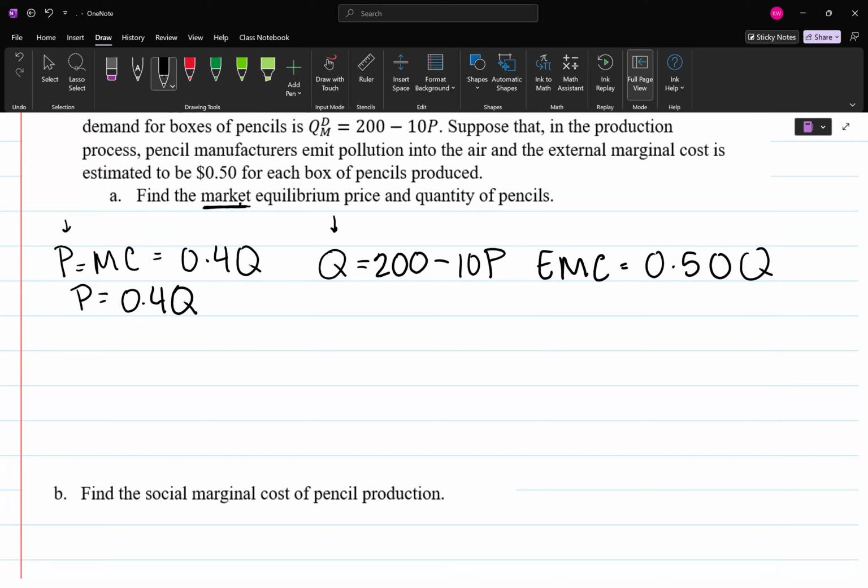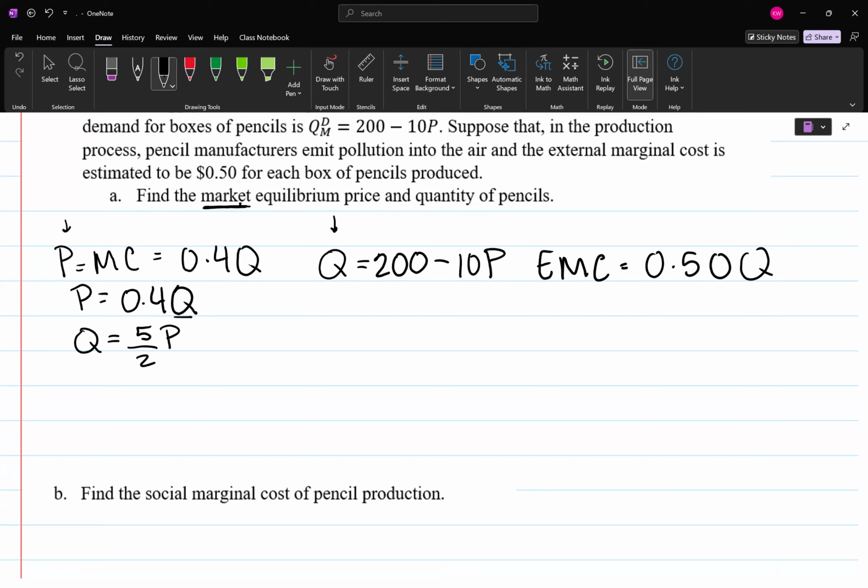So we're going to start by solving for quantity in our supply equation. We're going to divide both sides by 0.4. That's going to leave us with quantity equal to 5/2 times the price.